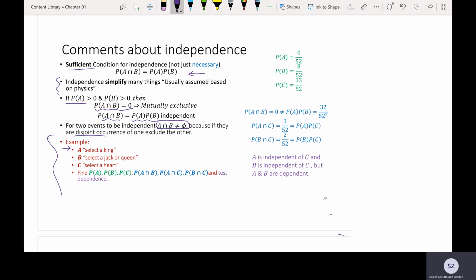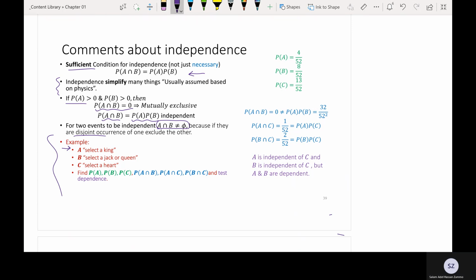So I will just explain an example and then I will leave the solution for next time, and try to solve it yourself. Event A, select a king. Event B, select a jack or queen. Event C, select a heart. Now we will find the probabilities of each one and their sizes. After that we will examine which of these are independent events.